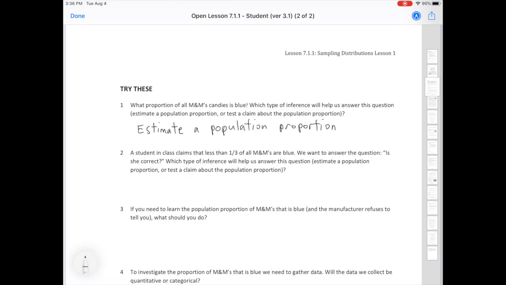Well, in this case, the student claimed that less than 1/3 of all M&Ms are blue, and we're just trying to decide if that's true or not. So we are not estimating a proportion, we're testing a claim, aren't we? So let's write that down. Test a claim about the population proportion.